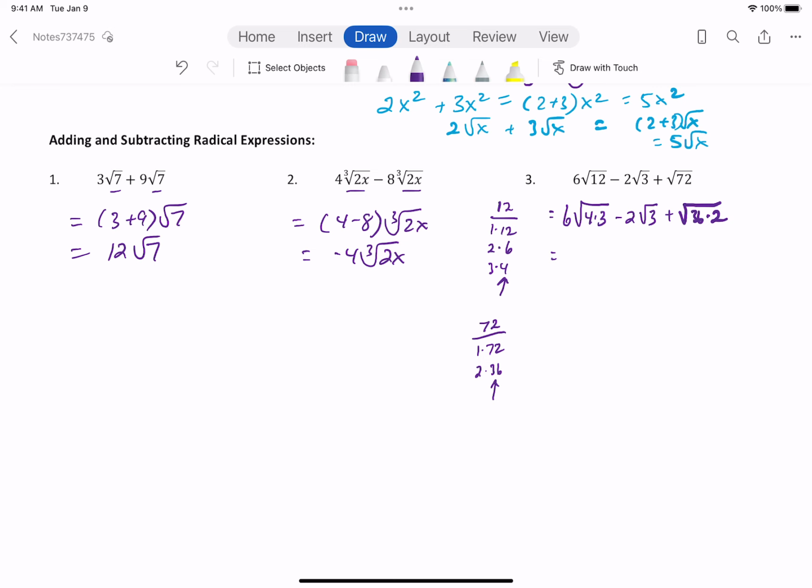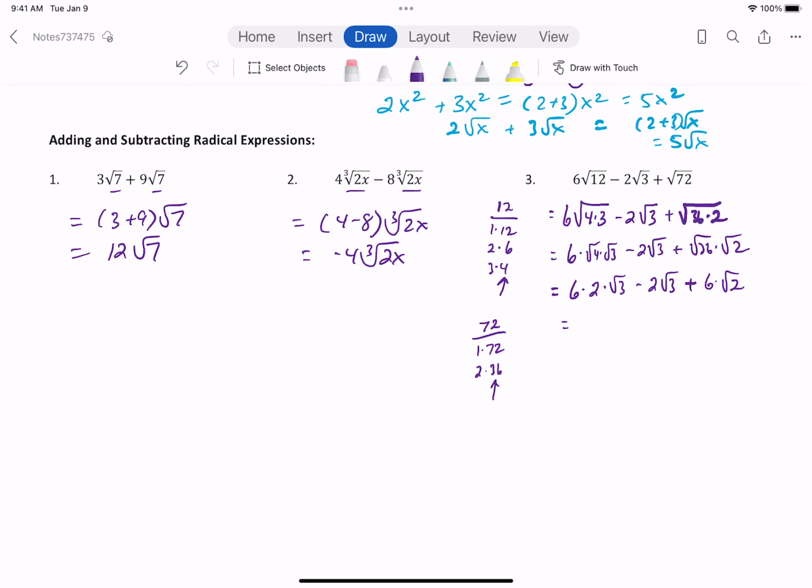And then this is similar to what we were just doing. I'm going to write this as 6 times root 4 times root 3 minus 2 root 3 plus root 36 times root 2. So this is 6 times, we know the square root of 4 is 2, times root 3 minus 2 root 3 plus the square root of 36, we know is 6, times root 2.